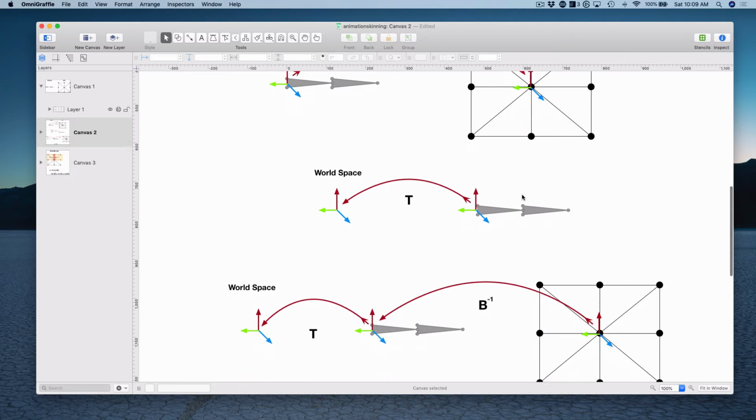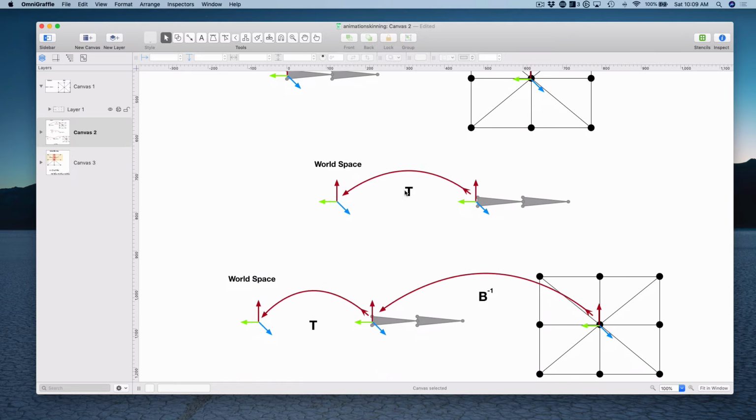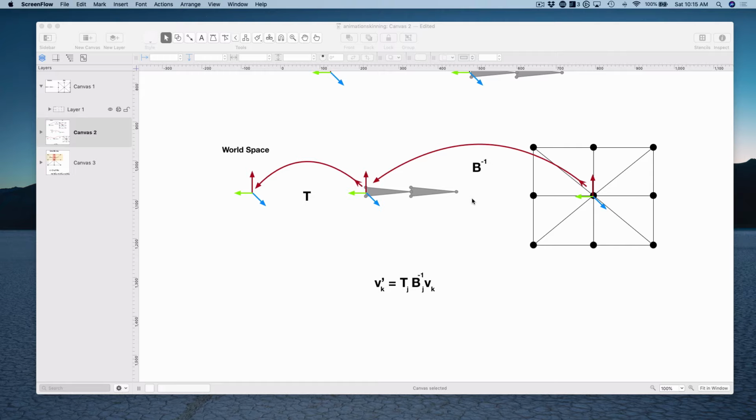Now, if you let T represent the transformation from the local frame of the bone to the world space, then it turns out that the transformation for each vertex to go from the skin local frame to the world space is represented by this transformation T, which takes the bone from its local frame to the world space, and the inverse of the bind pose matrix, which allows each vertex to go from the skin local frame to the local frame of the bone.